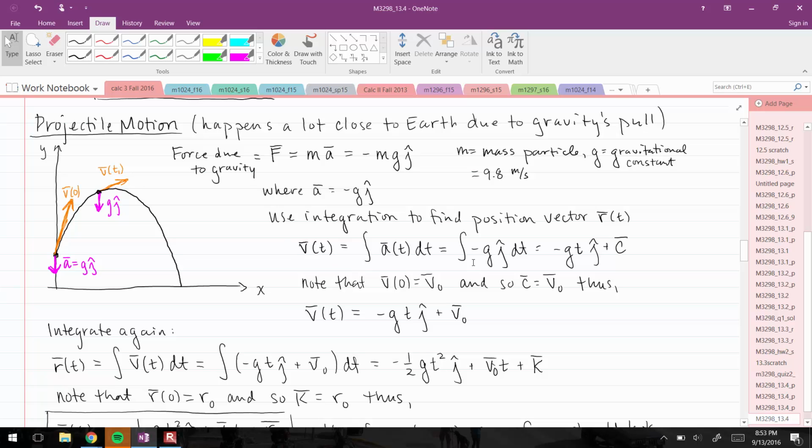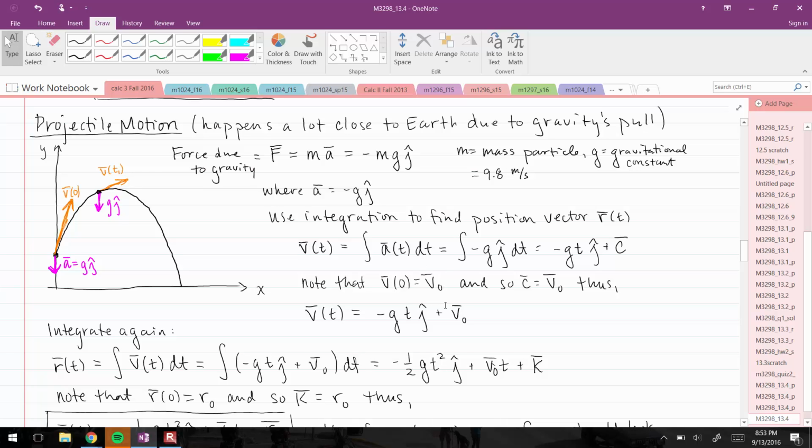So specifically, we have the acceleration due to gravity is negative g j. Integrate that. g is constant, so we just have a value. When you take its integral, it's times t then, and that's in the j, plus our constant c. So kind of like we observed in the last example, the initial velocity is when t equals 0.